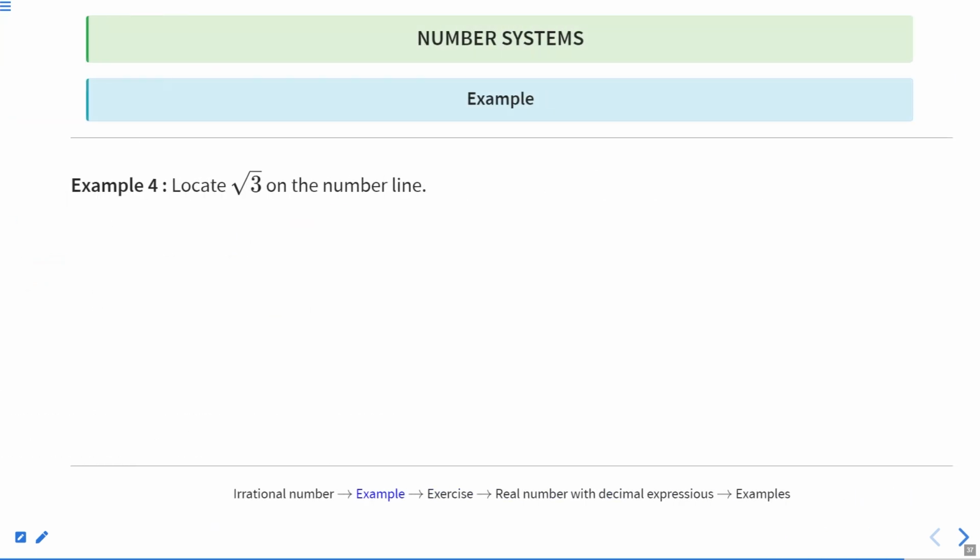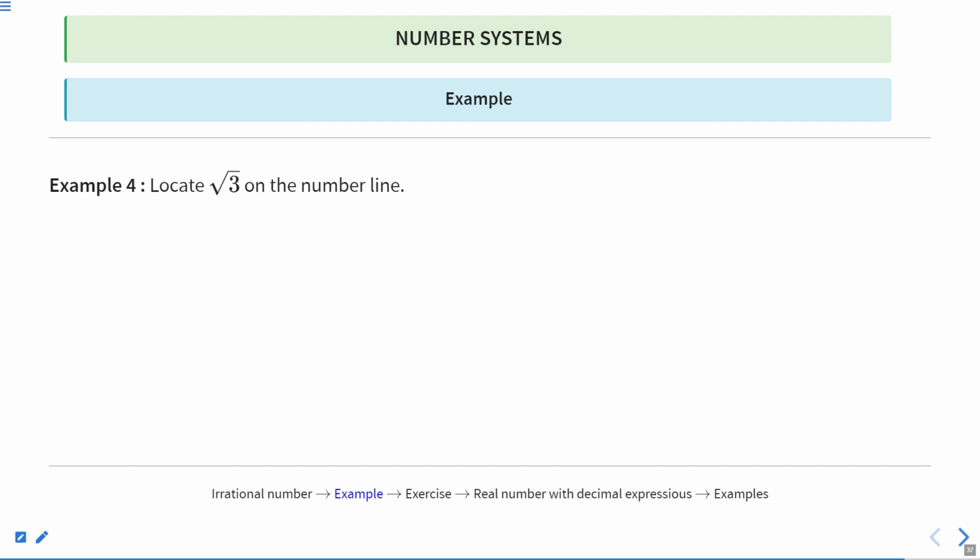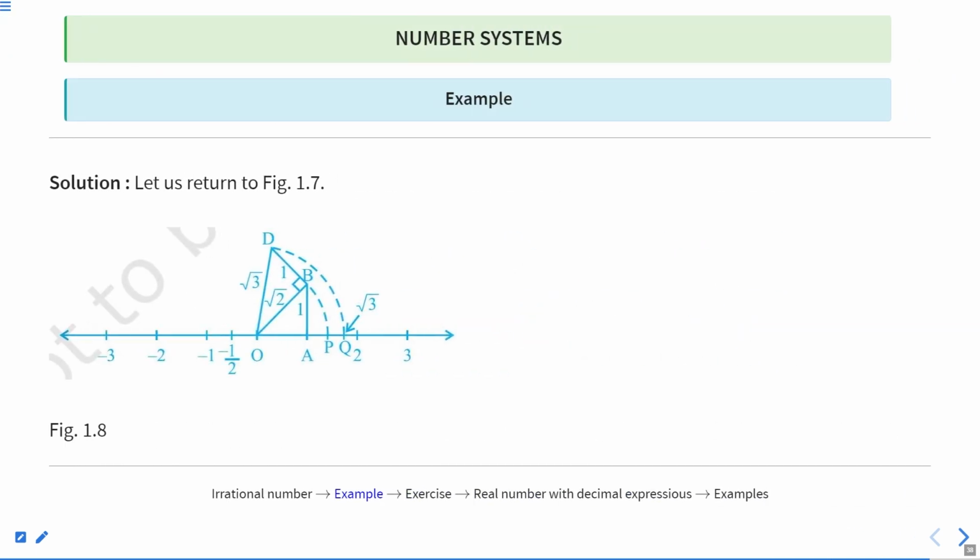Now let us see how to locate root 3 on the number line. Let us return to figure 1.7. OB is equal to root 2, and here we join DB and DO, where this length is 1.